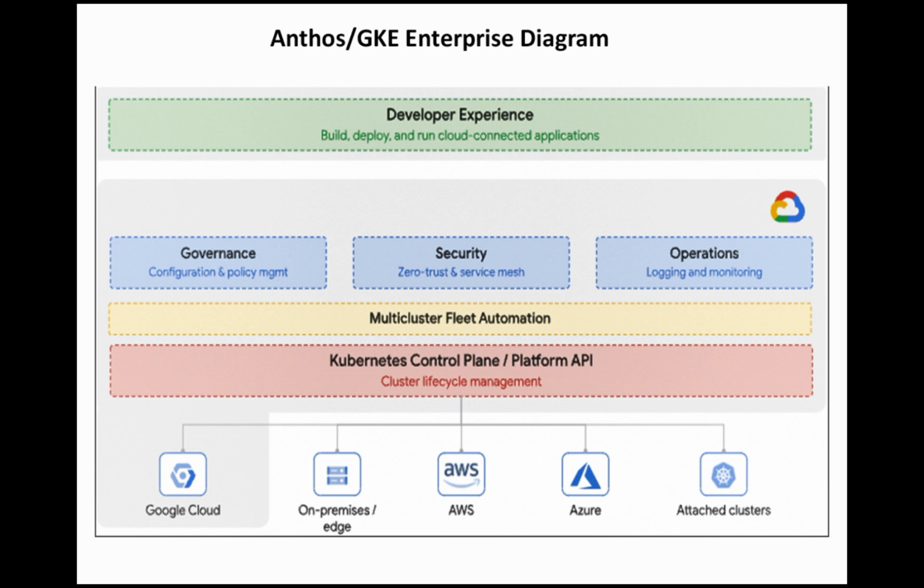It could be GKE clusters created in GCP itself, or GKE in GCP and Azure, or GKE in GCP and Amazon, or GKE on Google combined with AKS or EKS clusters created in the respective public cloud, combined as part of this fleet through the attached cluster manner.